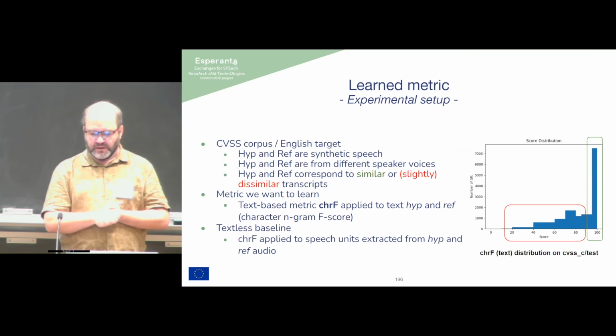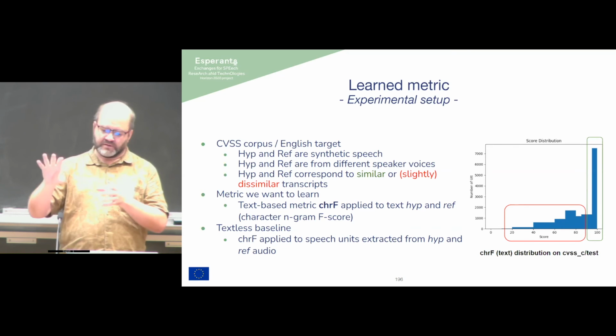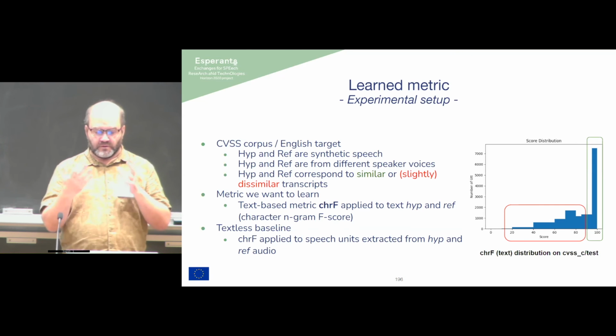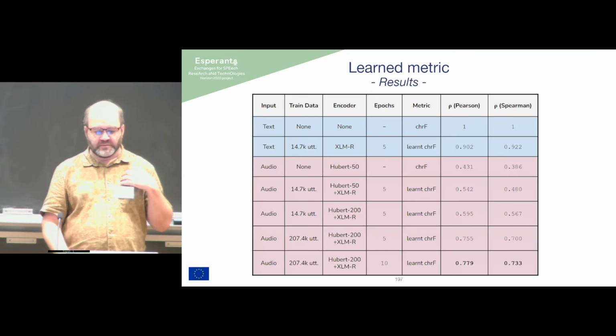You can see the score distribution for chrF on the original, where a lot of sentence pairs are identical, and you have a number of them which are not. And we're trying to learn chrF on the speech using the text as reference. And as a text-like pipeline, we just applied chrF to the speech units extracted by HuBERT.